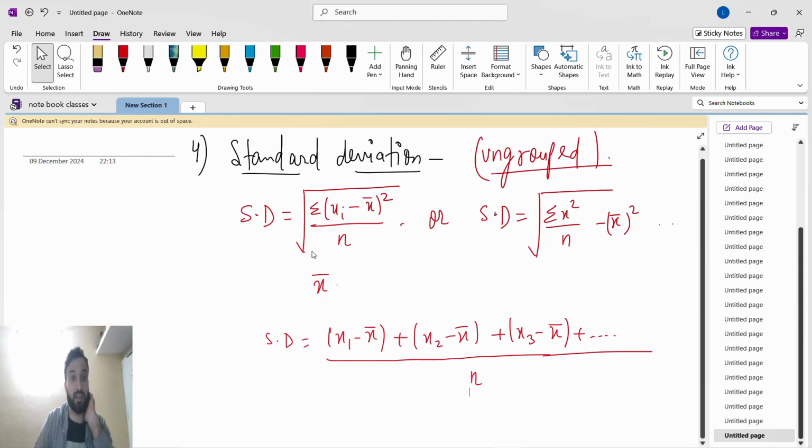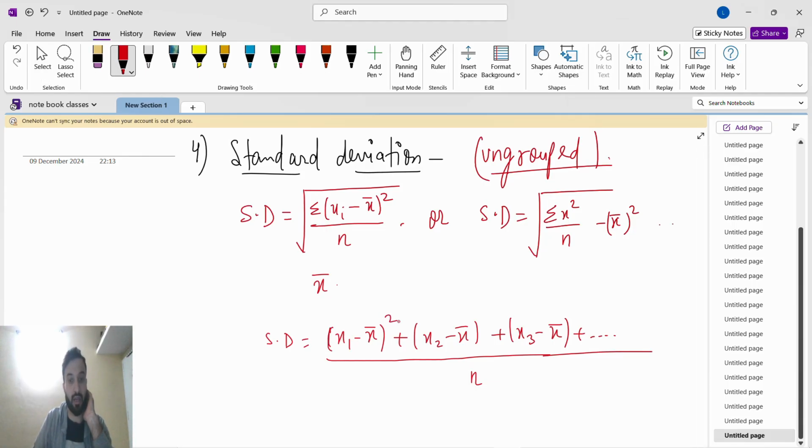There we were having the mod, here we have square. There also, first of all we were finding the mean, so here also, x bar means mean. First we find the mean for the given observations. Second step, observation minus mean, the same as before.